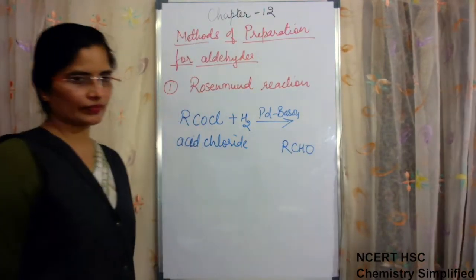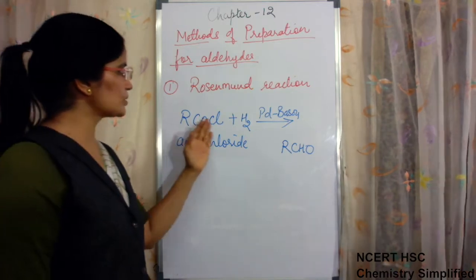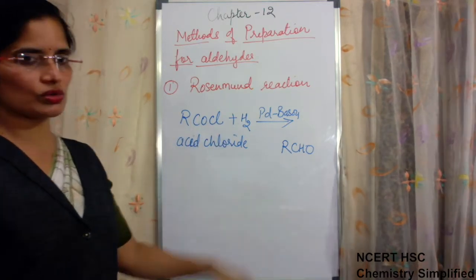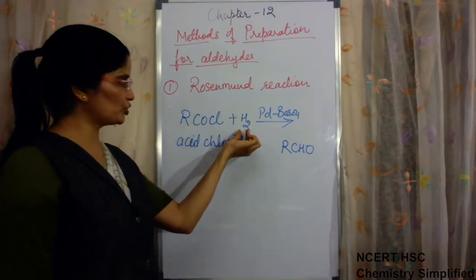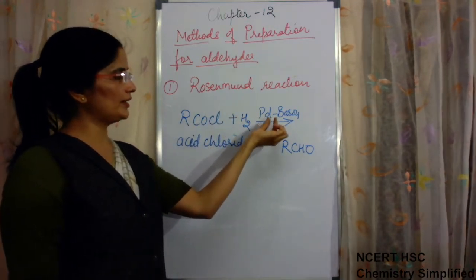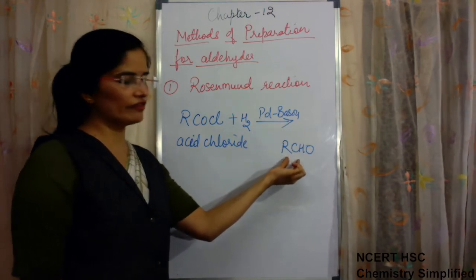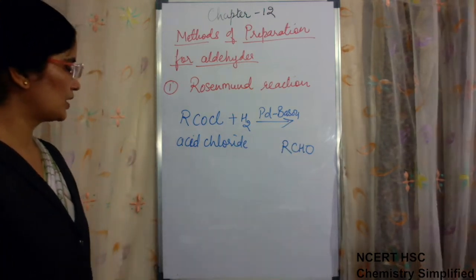RCHO. Okay, this is known as Rosenmund reaction or Rosenmund reduction, when acid chlorides react with hydrogen in presence of palladium and barium sulfate to give aldehyde.